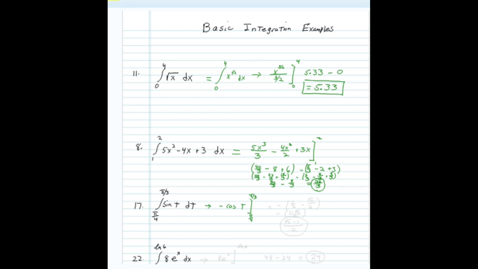All right, so pi over 4 is 45 degrees. So the cosine of that is root 2 over 2. And if we do pi over 3, that's 60 degrees. So the cosine of 60 is a half. So we have negative 1/2 and minus the lower limit, which was root 2 over 2.